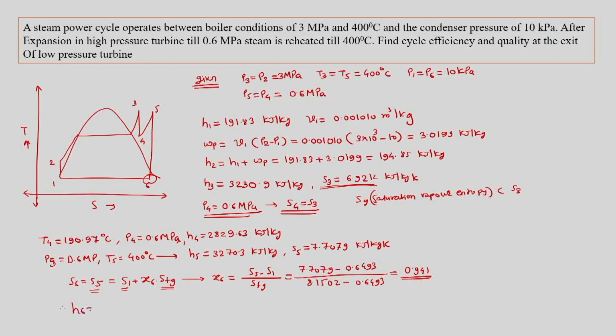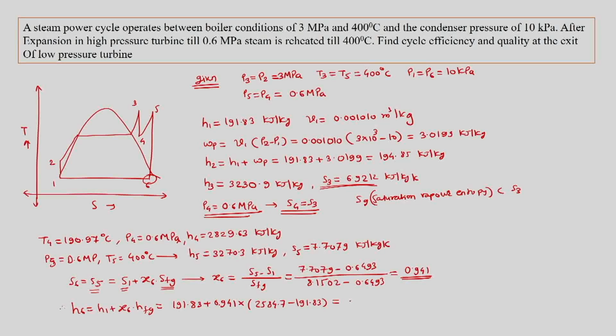So we can find H6 by saying it is H1 plus X6 into HFG, which is 191.83 plus 0.941 into HFG, and this HFG is HG minus HF, which is 2584.7 minus 191.83.